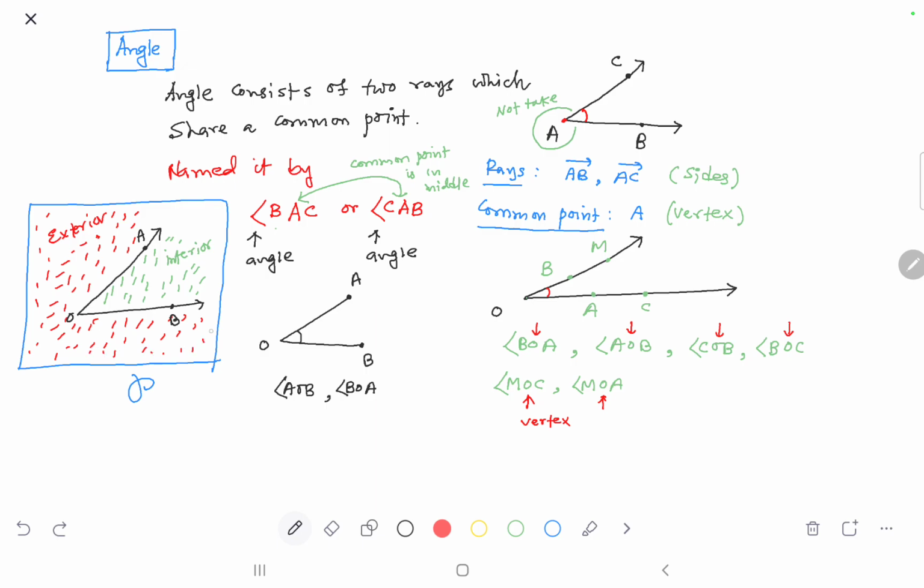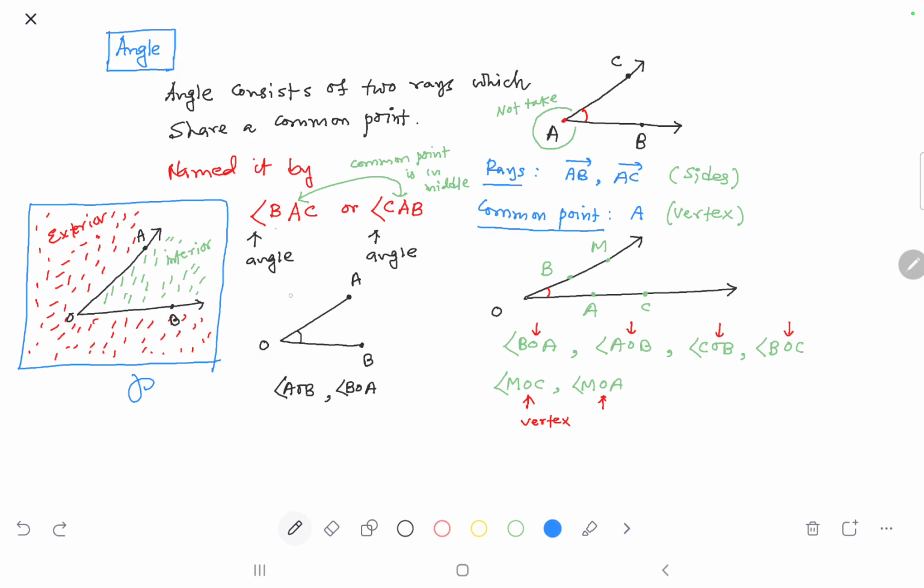Okay, Mohammed, is it clear? Got it? Yeah, it is. Very good. So if you have an angle on a plane, then it has an interior part and an exterior part. All right.